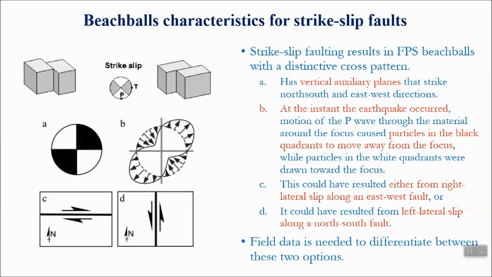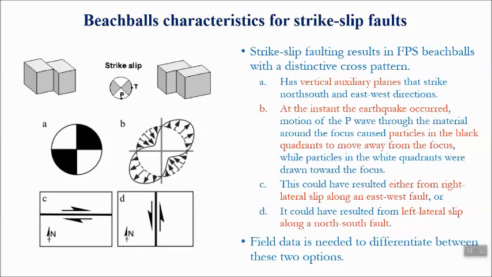So now we have understood what actually a fault plane solution is. Basically, a fault plane solution gives the mechanism of how the faulting has occurred, and that has led to the formation of the earthquake.